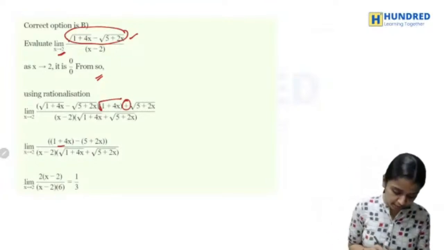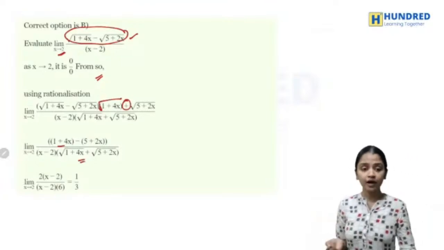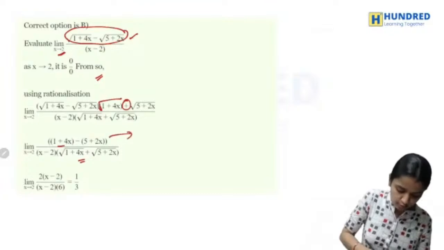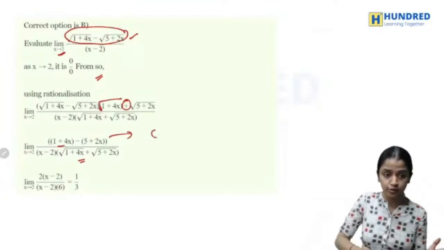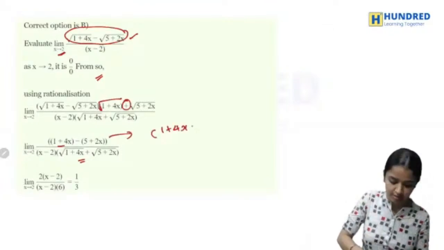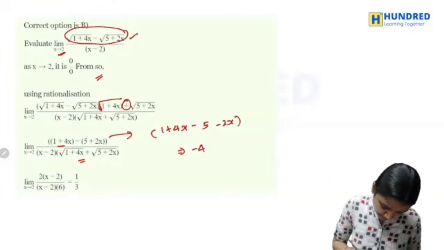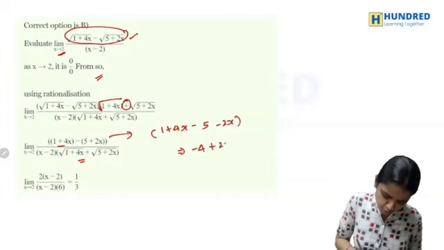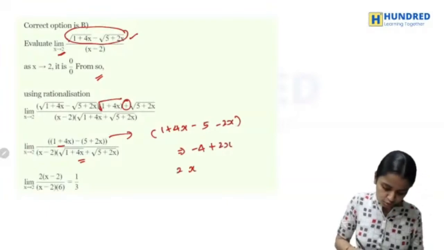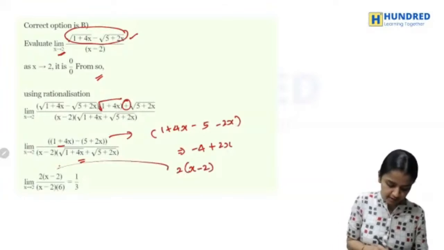Now further, I'll remove the brackets, so it'll be 1 plus 4x minus 5 minus 2x. So it becomes minus 4 plus 2x. When I take 2 outside, it will become x minus 2. So that's how this came.